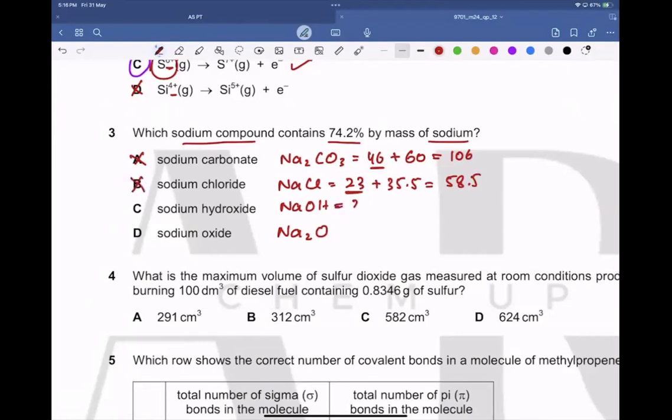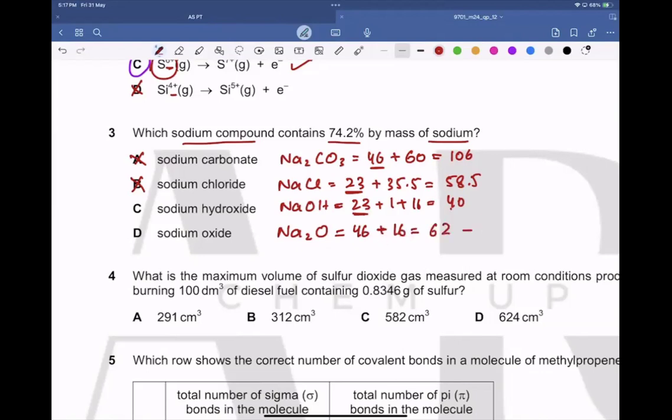Over here, it's 23 plus 1 plus 16, so it is going to be 40. So yeah, it is greater than 50%, but not that much because the total mass is 80. Over here, there are 2 sodiums, so 46, plus 1 oxygen, which is 16. So it is going to be 62, right?